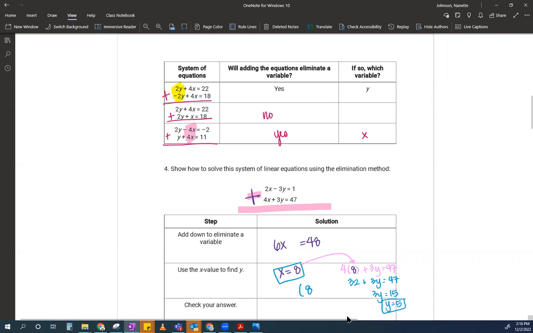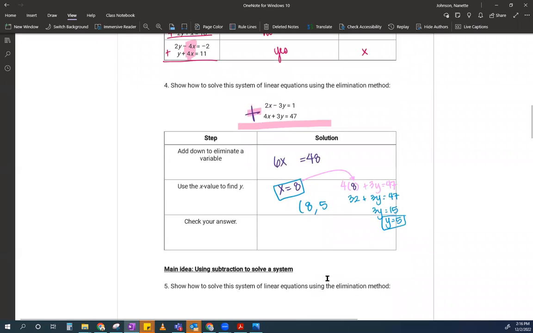8 is my x, 5 is my y, and then I would check my answer, remembering Ms. Johnson likes checking her answer because she likes to be right. Okay, so because I already plugged it into the first equation, I'm only going to plug it into the second one. I would encourage you on a test to plug it into both.